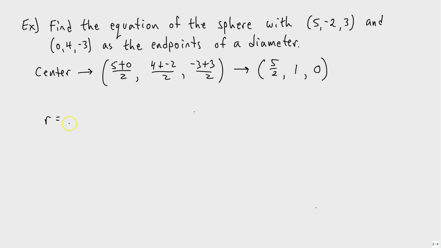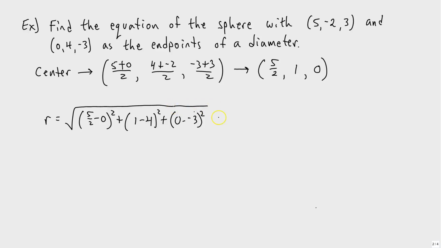So the radius would just be the distance. Let's say we take the center and let's do this endpoint here. So it'd be 5 halves minus 0 squared, 1 minus 4 squared, and 0 minus -3 squared.